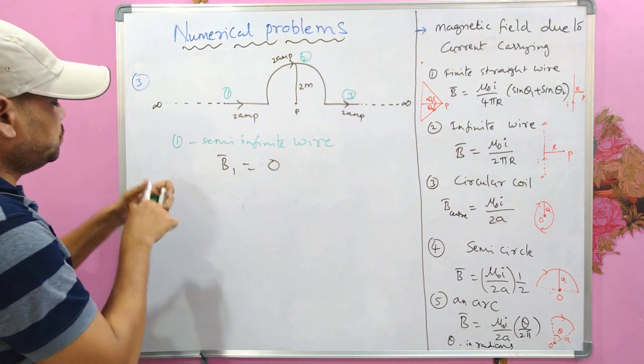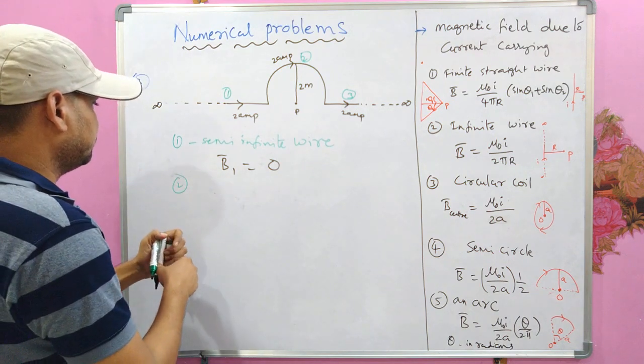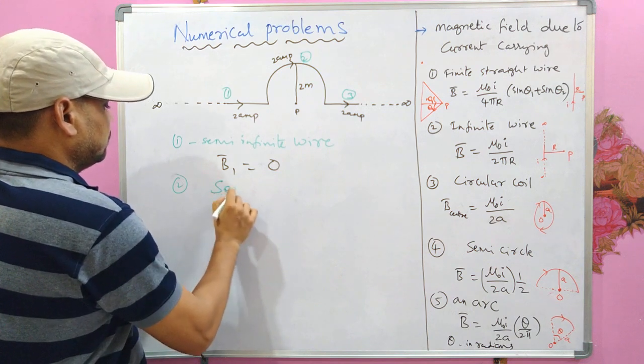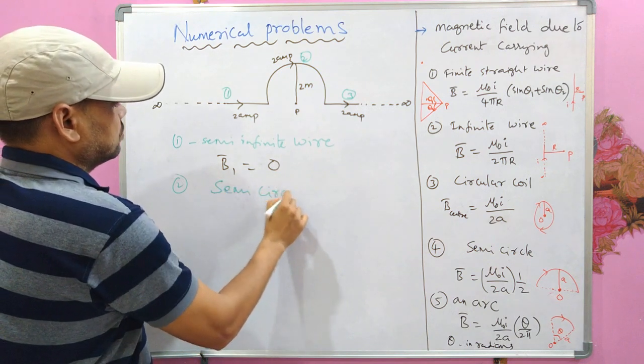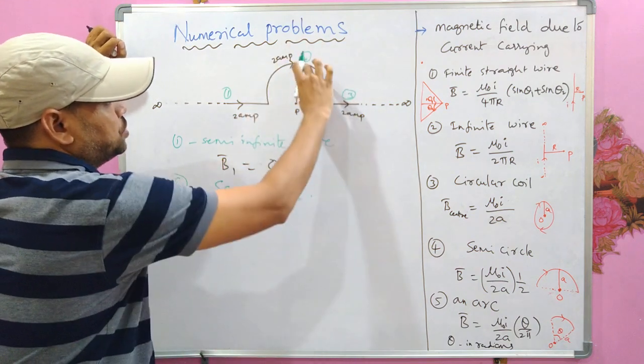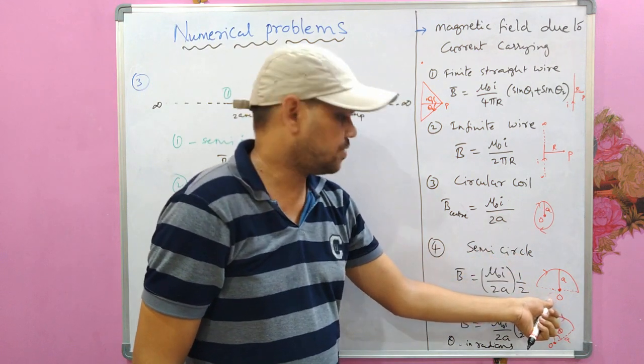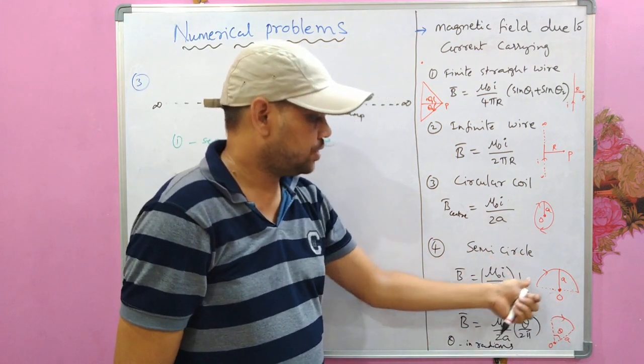And number 2 is a semicircle with radius 2 meter. For a semicircle, this is the formula: mu naught I by 2a into 1 by 2.